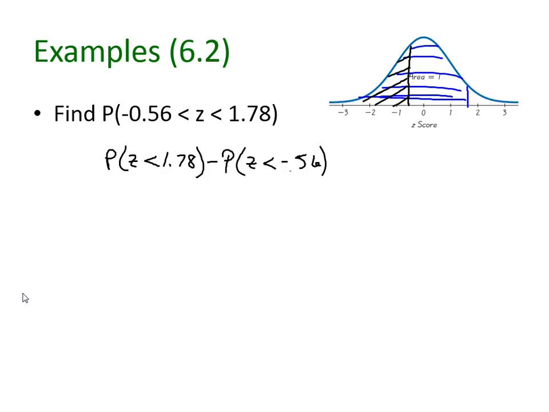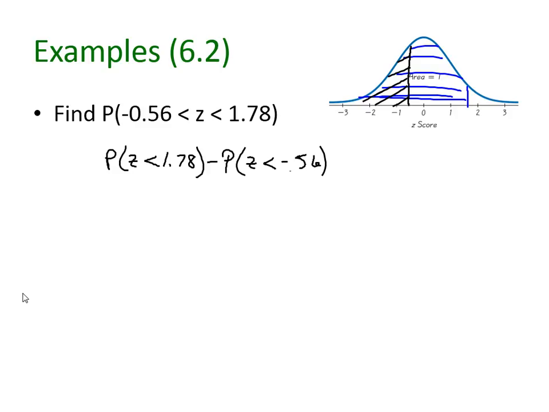First of all, I find the probability that z is less than the 1.78. As you're reading your table, are we using the negative or the positive side? The 1.78 will be using the positive side. When you're reading that, it takes a lot of information to be able to get to that right spot. Because you've got that 1.78.